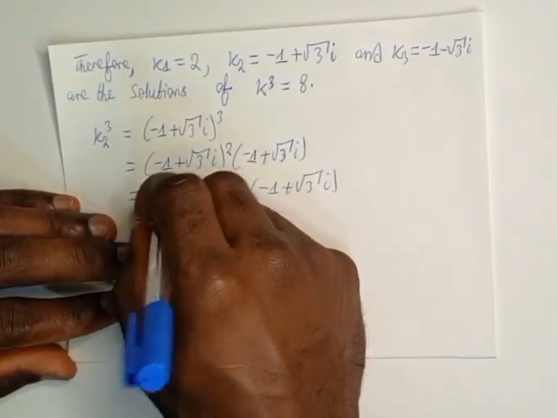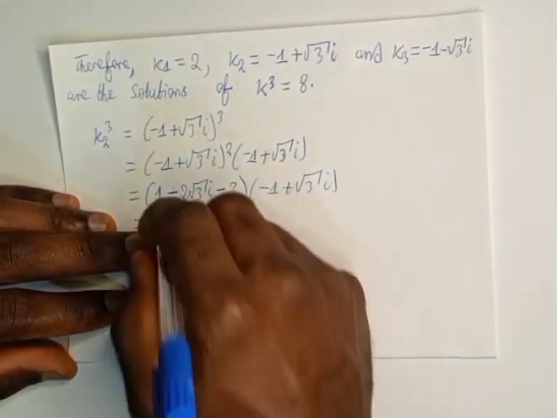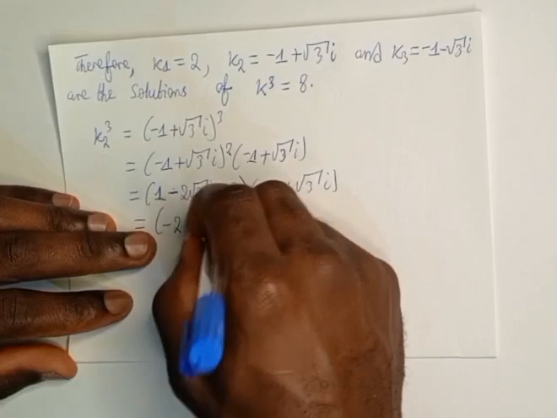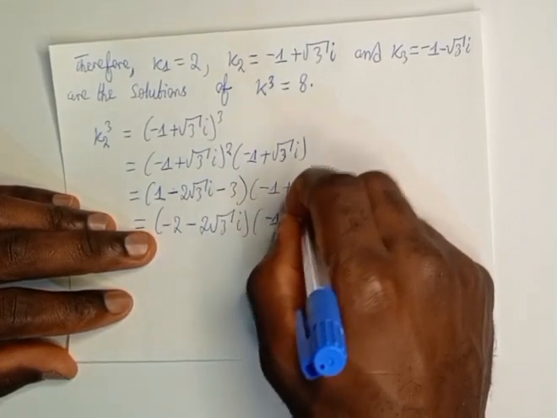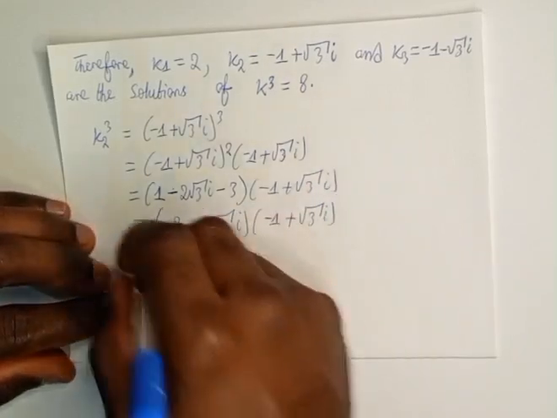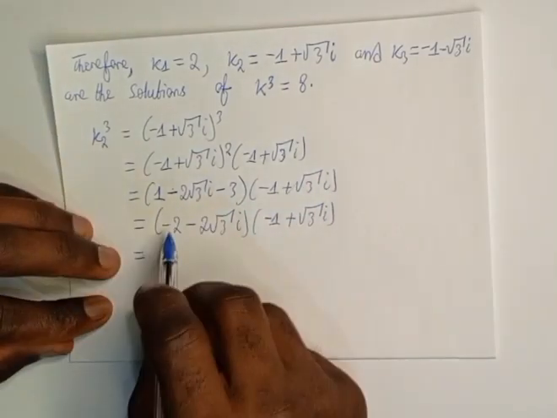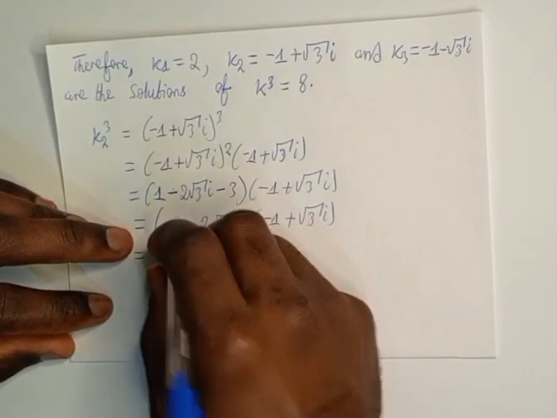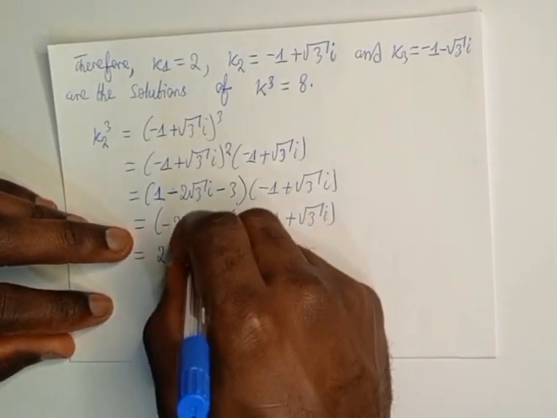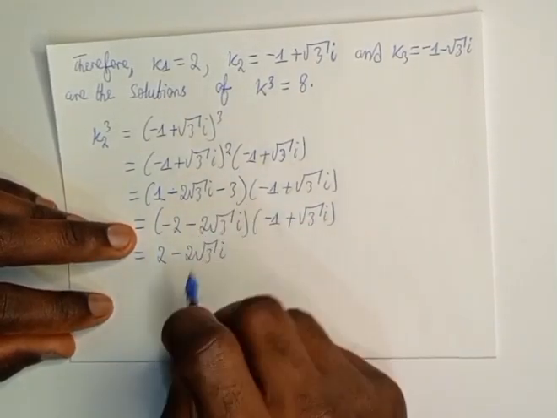This will simply be equal to 1 minus 3 gives us negative 2, minus 2 root 3i, times negative 1 plus root 3i. Negative 2 times negative 1 gives us positive 2. Negative 2 times root 3i gives us negative 2 root 3i.